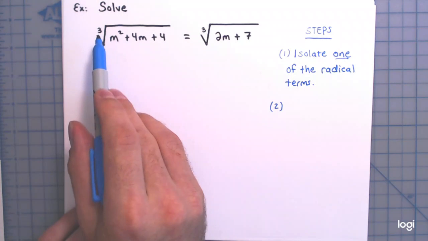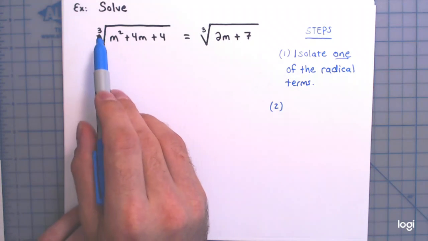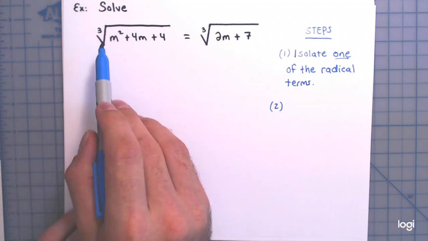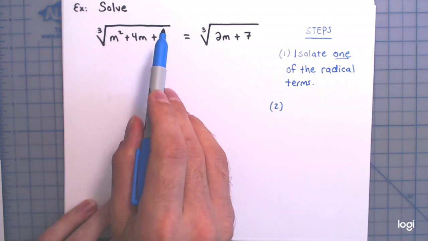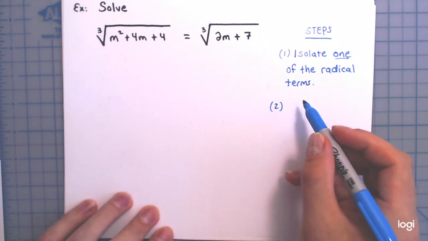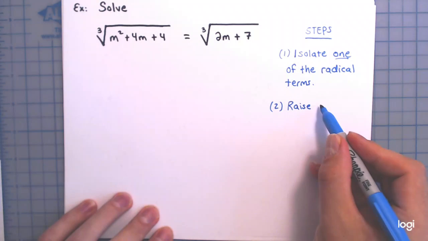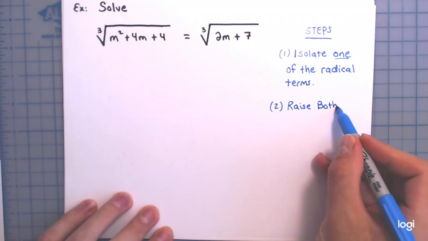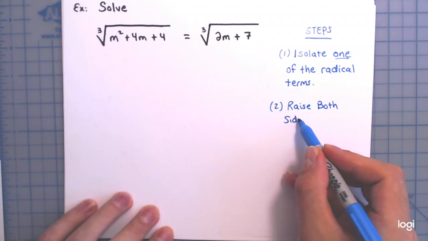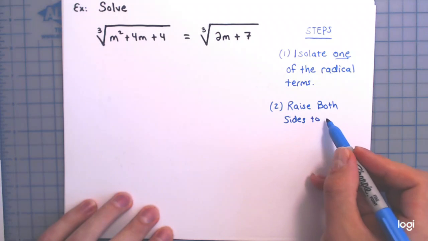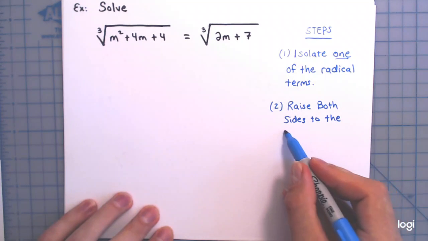It has an index of 3, a cube root. After I isolate the radical, I would like to undo it, basically get rid of the radical. So what we're going to do is raise both sides to the index power.